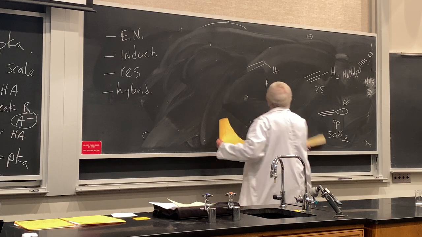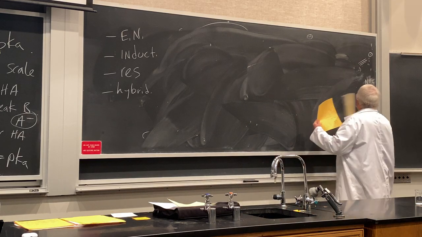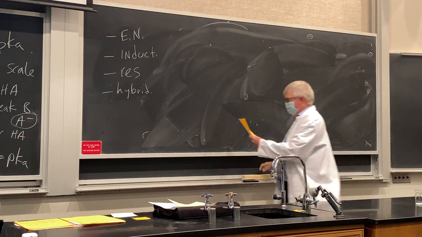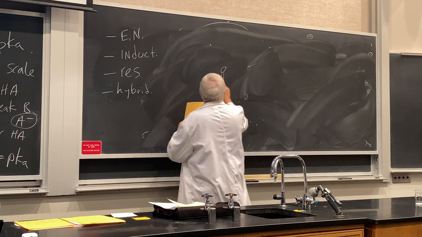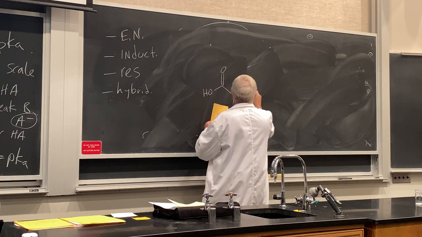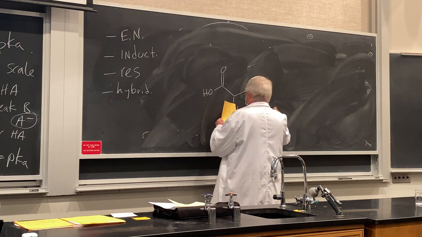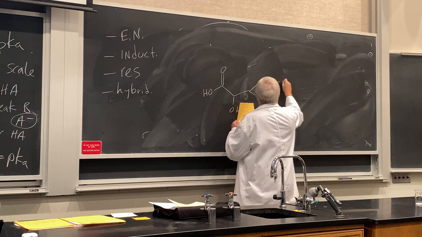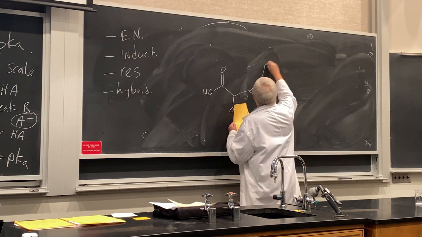Let's do an exercise here, a problem that I consider a harder problem. Complicated molecule. Let's have a carboxylic acid that has an alcohol, that has an amine, that has a sulfide, that has an alkene.